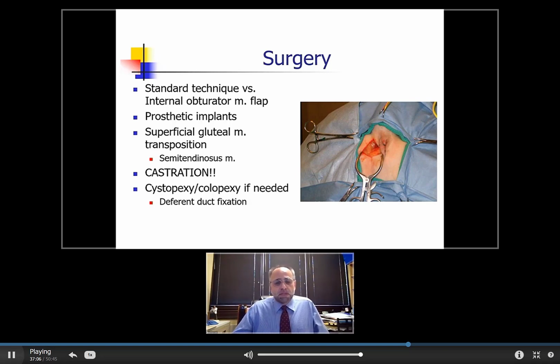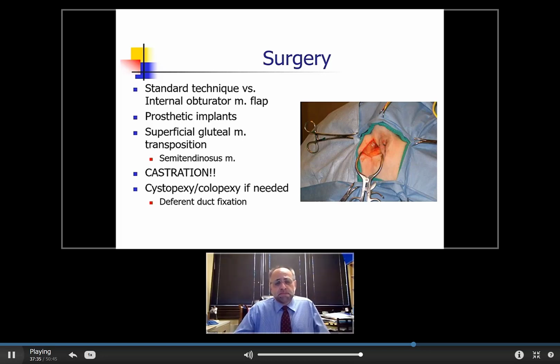But one of the most important things that we can do for these patients, if they are intact male dogs, is to castrate them. Because again, one of the underlying causes for the muscle atrophy is due to androgens present in the system, and by neutering them, it takes those away after about 2 months, but it decreases the likelihood that the muscle is going to continue to atrophy and cause recurrence.